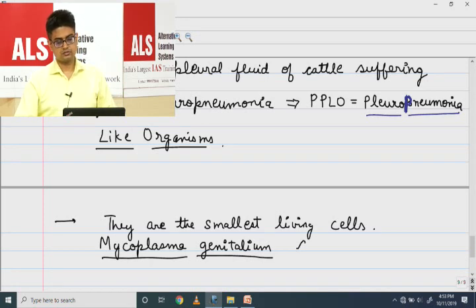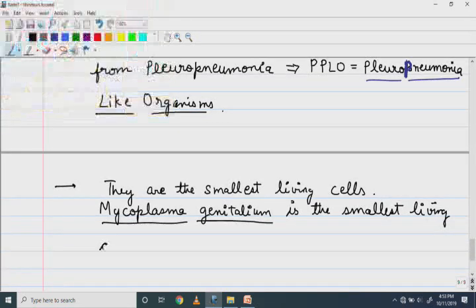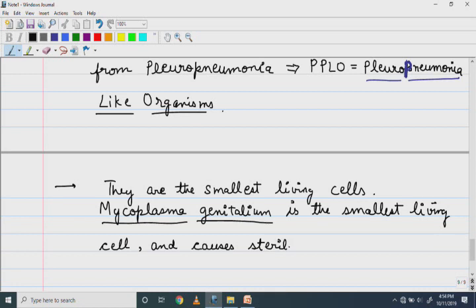First of all, let's write it is the smallest living cell and causes sterility in human males.